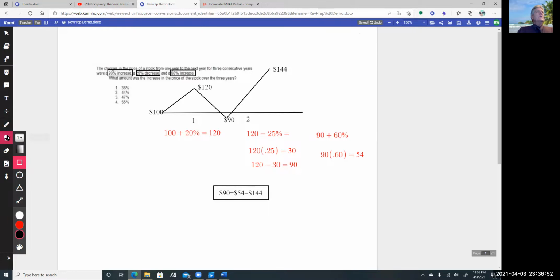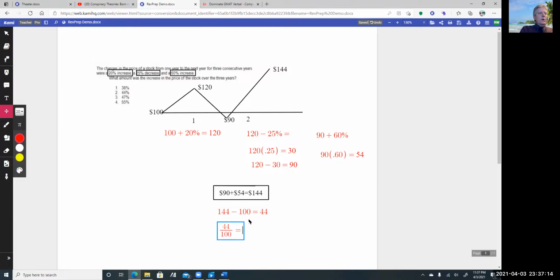So if I make this calculation now, I'm going to have 144 minus my starting price of 100 gives me a price of $44. And if I take 44 and I divide that by 100, I'm going to get, lo and behold, 40%.